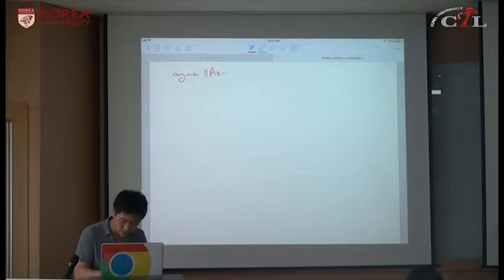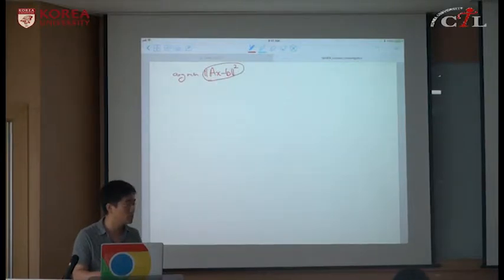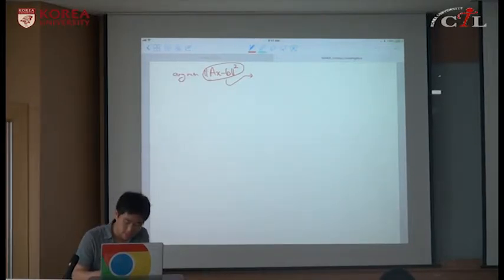So I'd like to make it squared, and we want to compute the partial derivative of this function. How do we compute it? This norm squared can be represented as this.